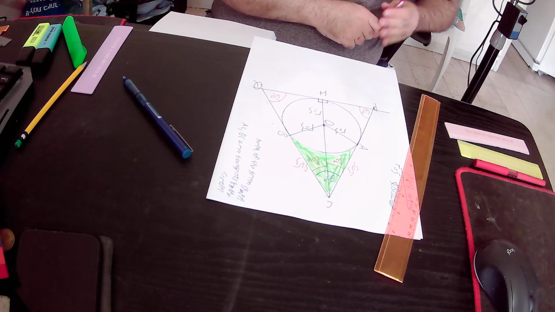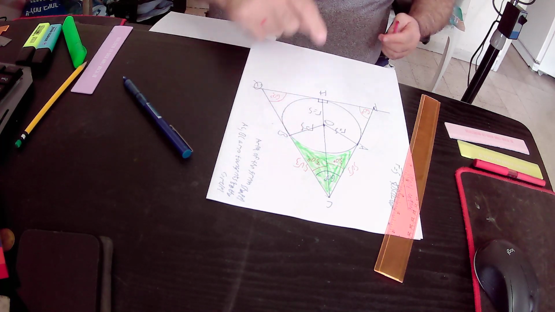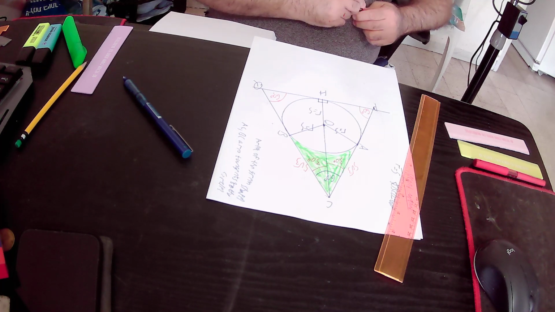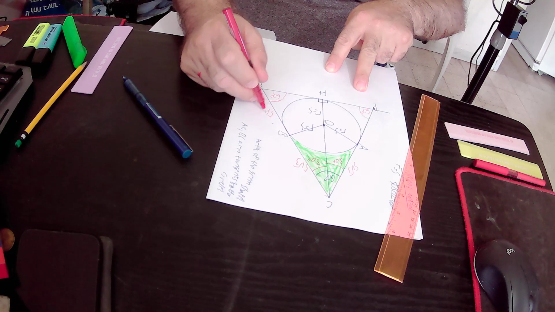Okay, CB equals BQ, but we know that CB equals 5 times root 3, so BQ will also equal 5 times root 3.